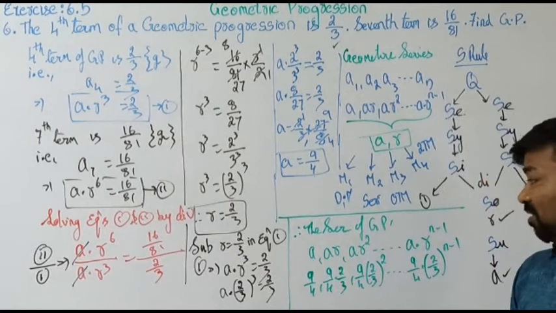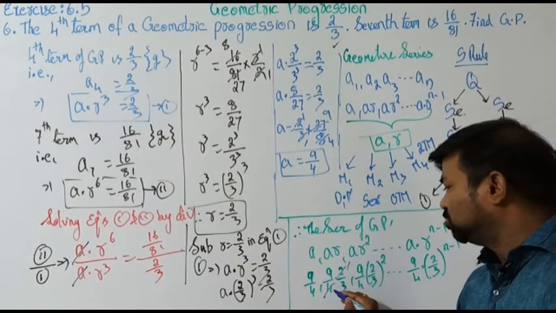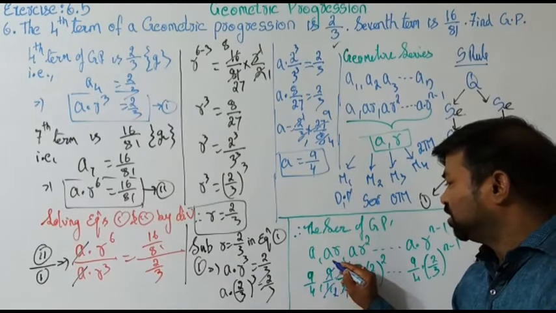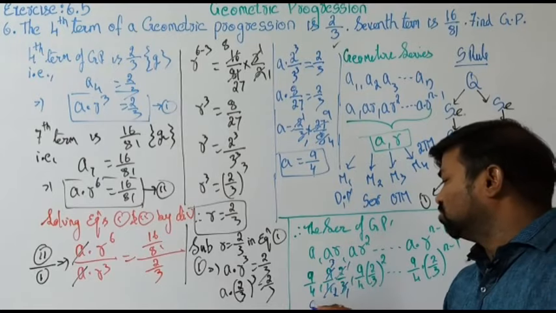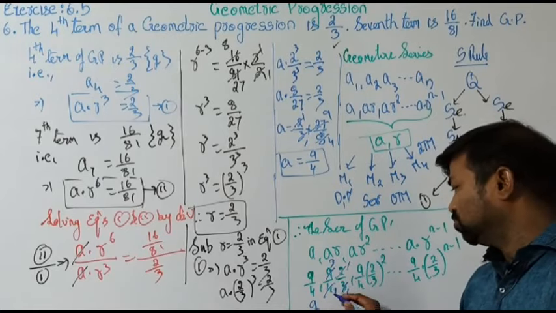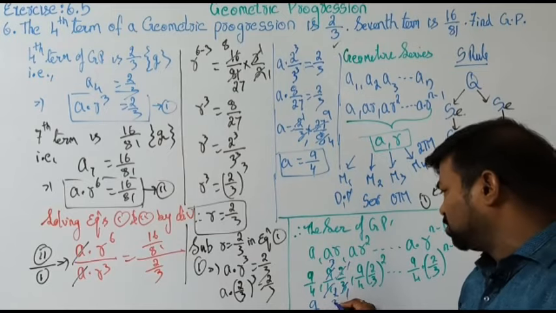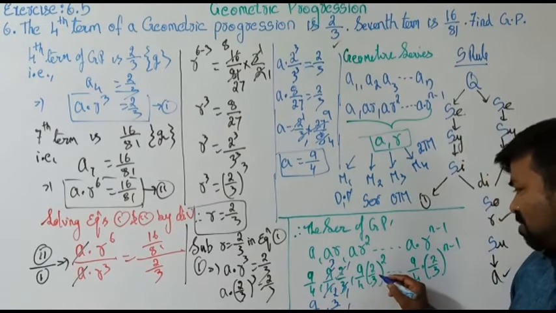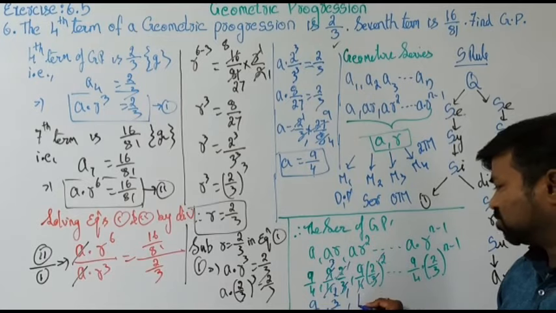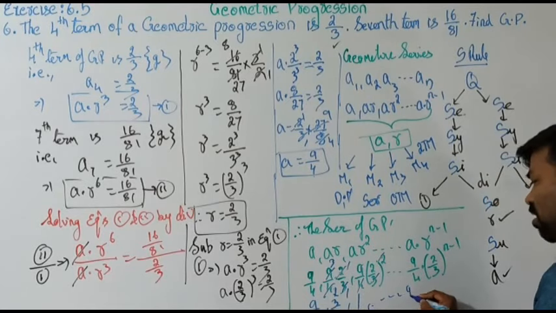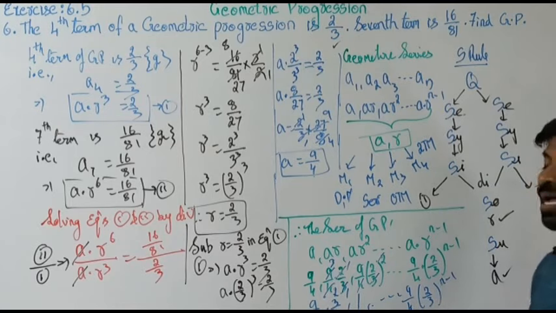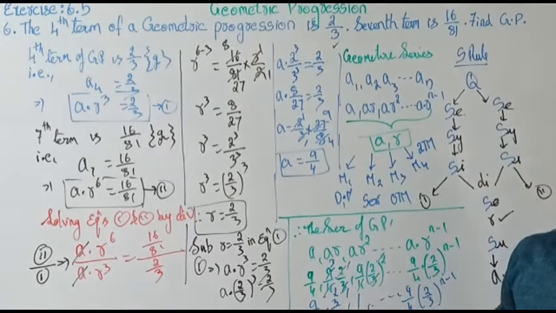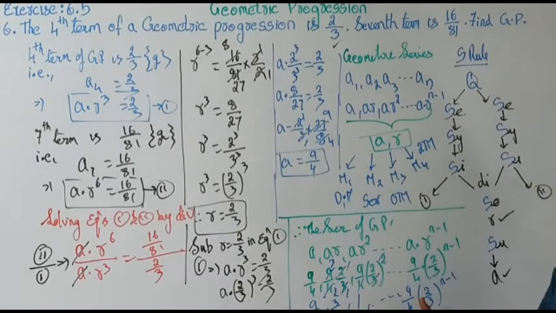If you simplify further, 2 ones are 2, 2 twos are 4, 3 ones are 3, 3 threes are 9, so 9 by 4 into 3 by 2, and so on, 9 by 4 into 2 by 3 whole to the power n minus 1. This is how we are going to do this sum. After getting the series, we are done.